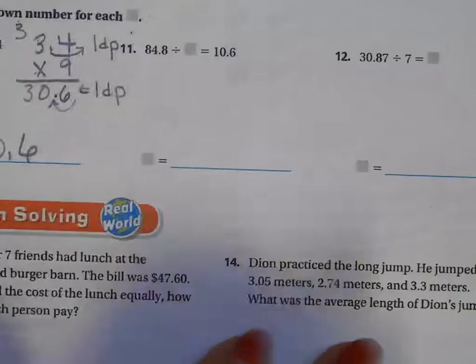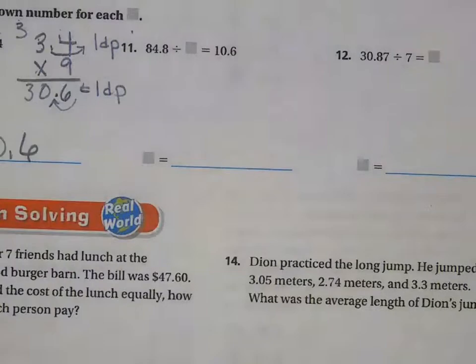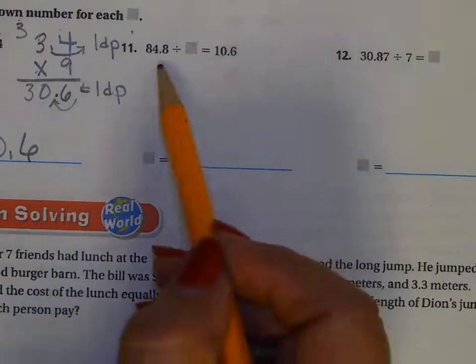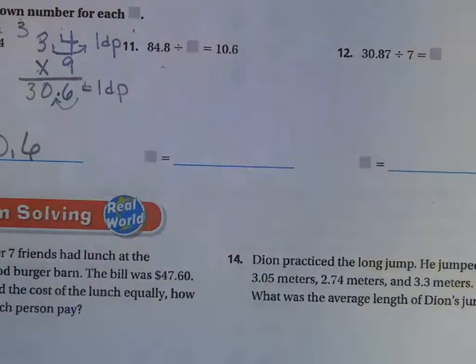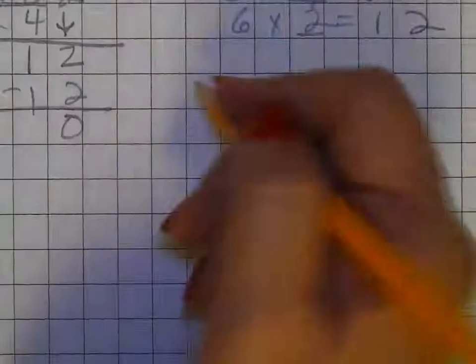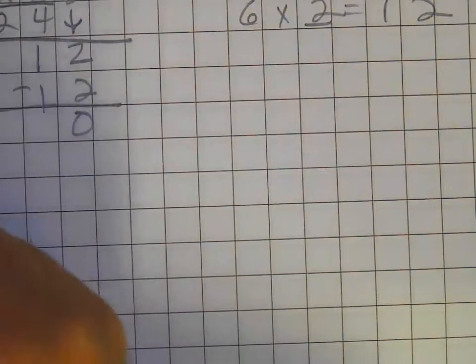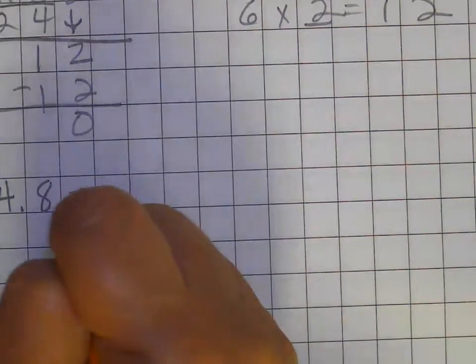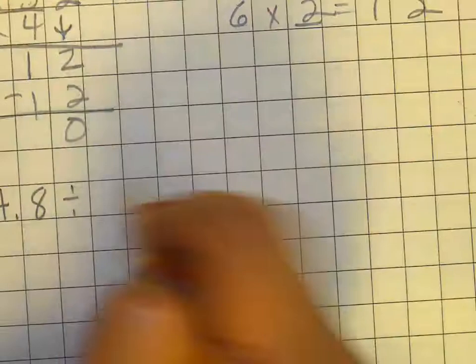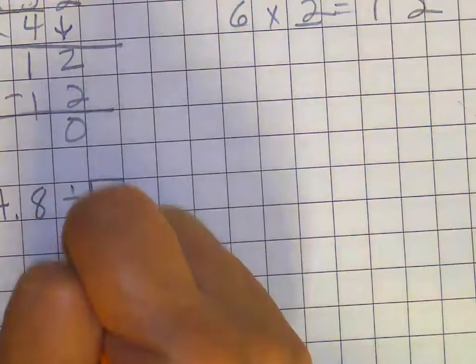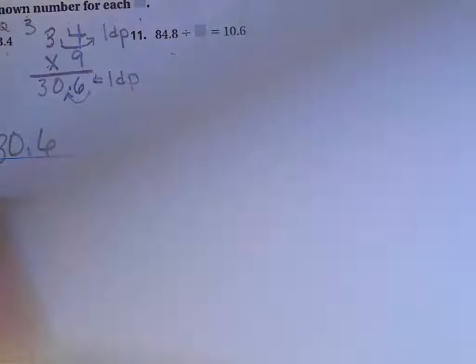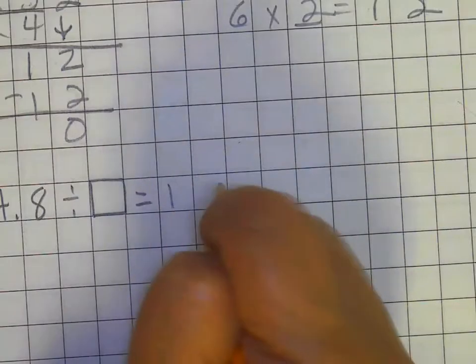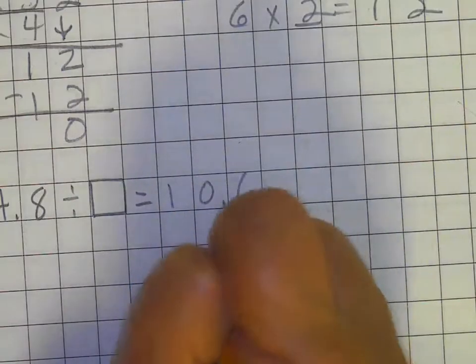Okay, so I showed this to some kids in class. I'm going to actually do this on paper. I'm going to write this problem out. I have 84 8/10 divided by a square, and they said it equals 10 6/10.